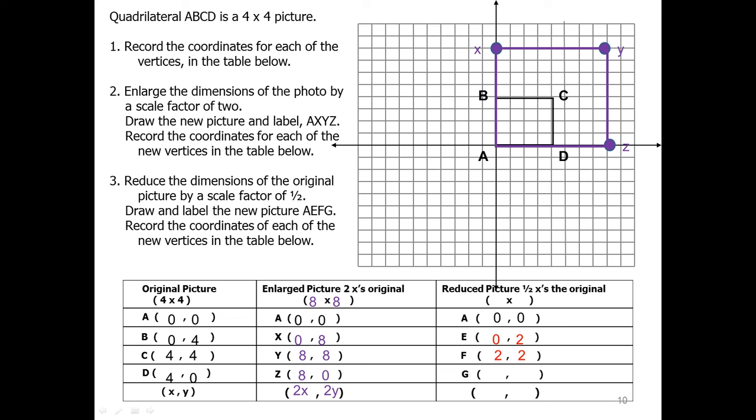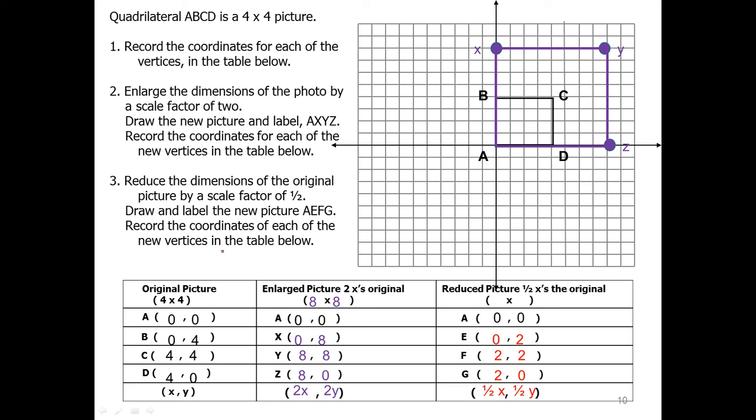And then your D coordinate is going to become 2, 0 because 1/2 of 4 is 2 and 1/2 of 0 is still 0. So we have an x and a y coordinate, and each of these coordinates were multiplied by 1/2. We took 1/2 of our x's to come up with our new x's, and 1/2 of our y's to come up with our new y's.